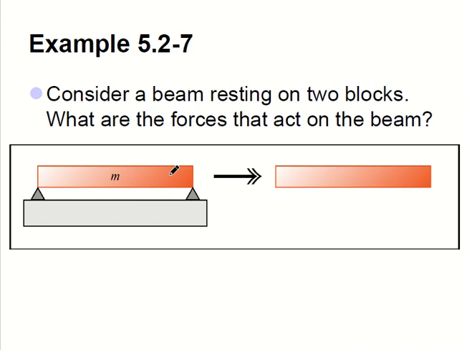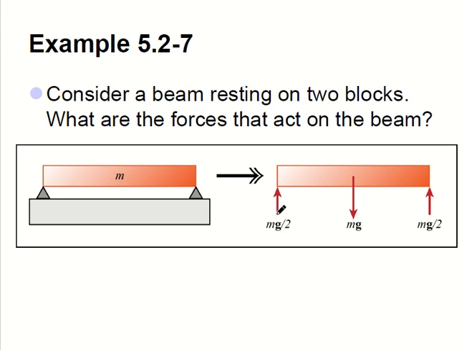All right, consider a beam. Here's a beam, and this beam is resting on these two little triangular blocks, and we have to come up with what are the forces that act on the beam. So let's take a look at it. Here is the weight, and here is another weight, and here is another weight.